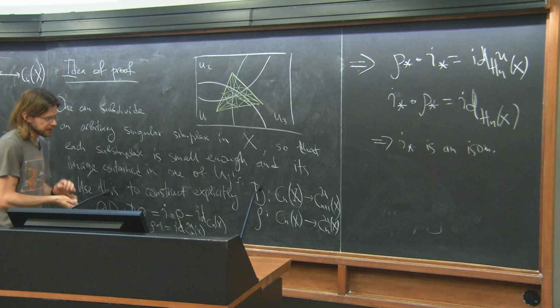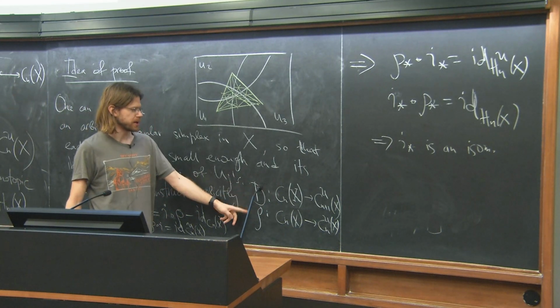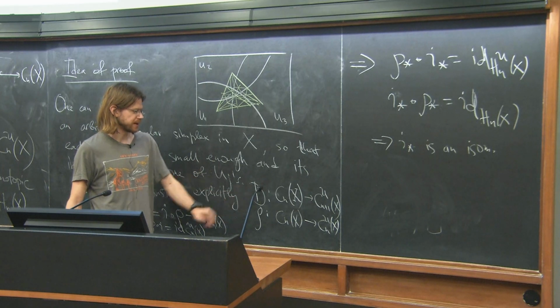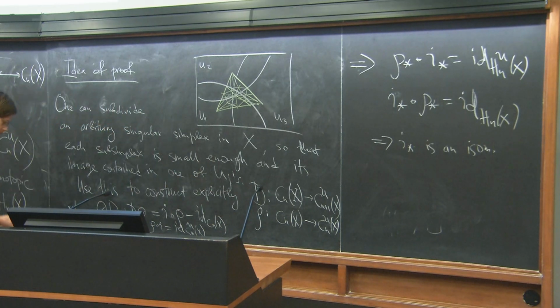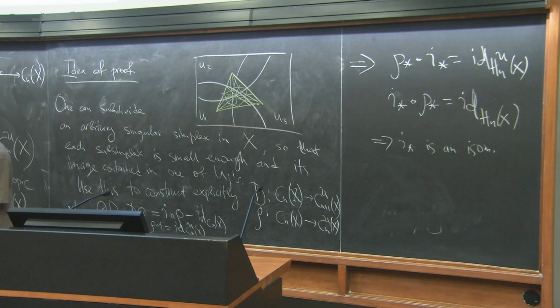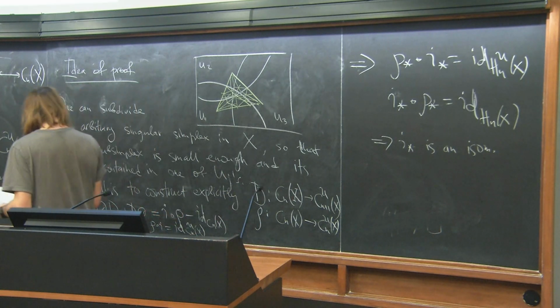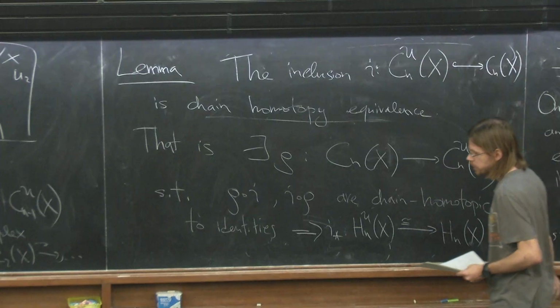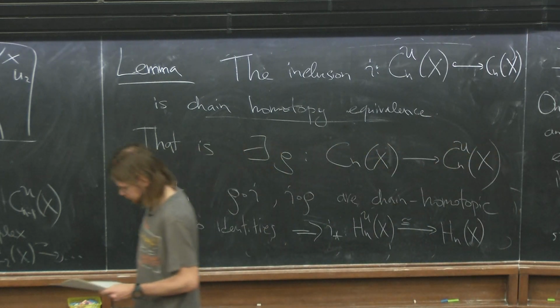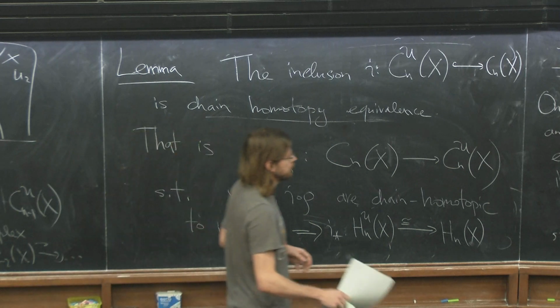Again, if at the end of the next lecture I have more time, I will tell you more explicitly how to construct this rho. But this involves quite many technical details to do properly.